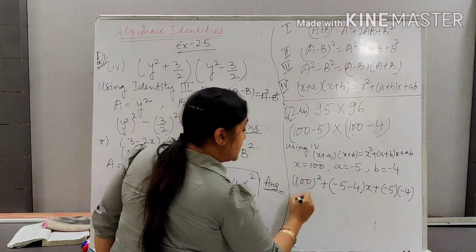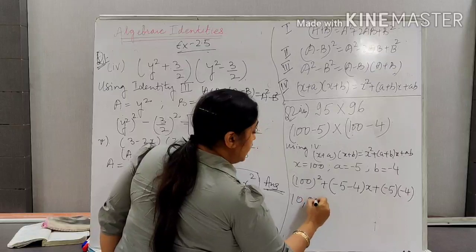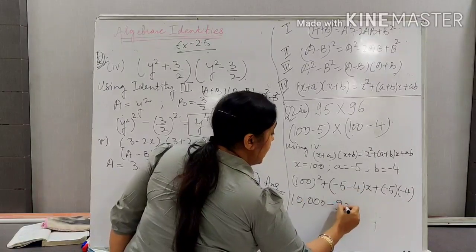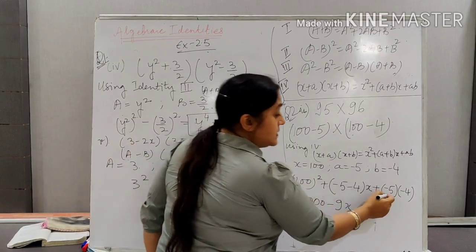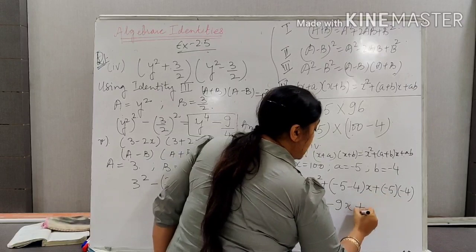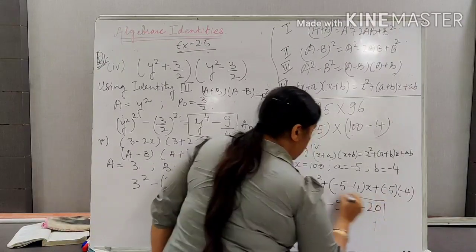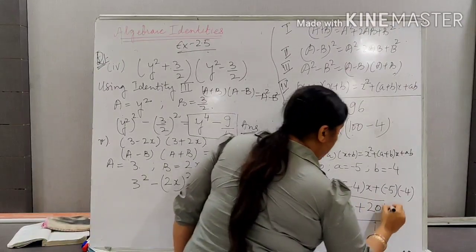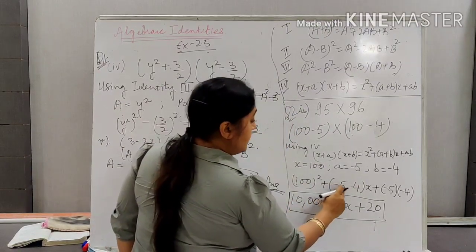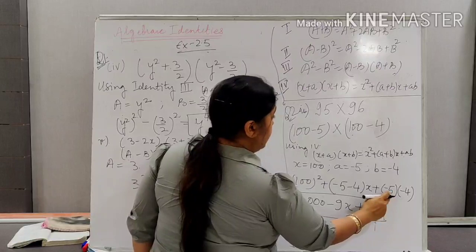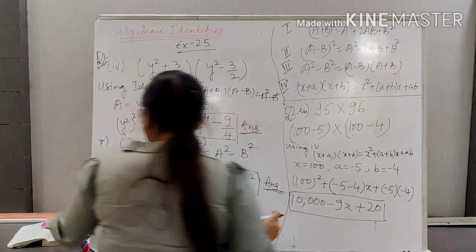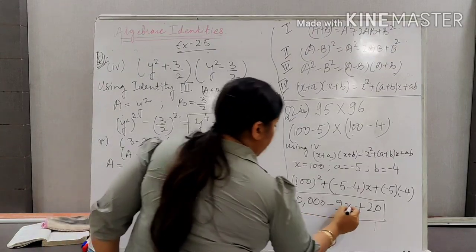100 square can be written as 10,000. Minus 5 minus 4 is minus 9x. Minus 5 multiplied by minus 4, minus minus is plus, so it is plus 20. Now one more thing: what is x here?